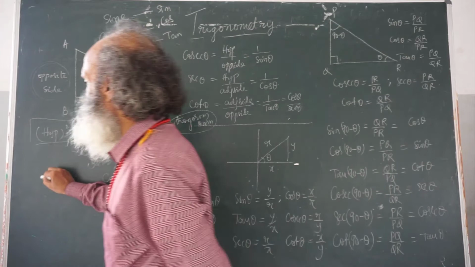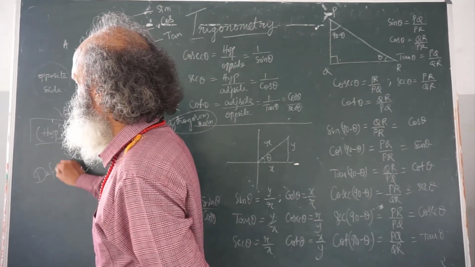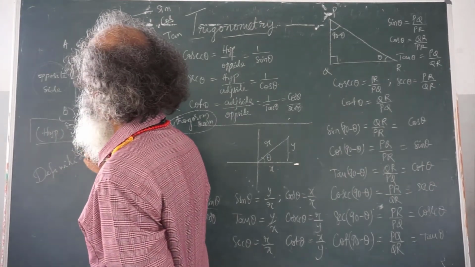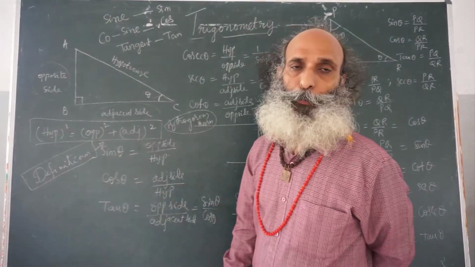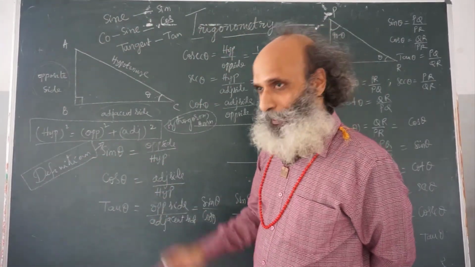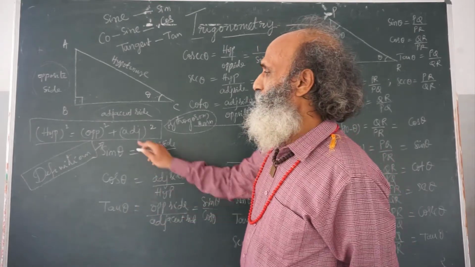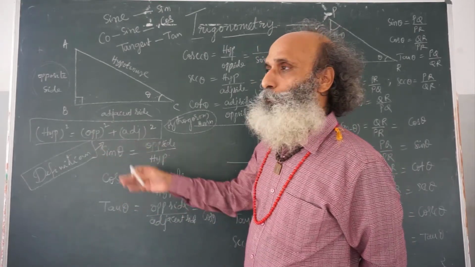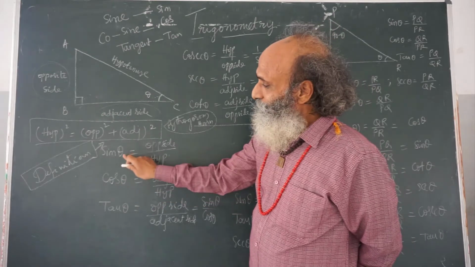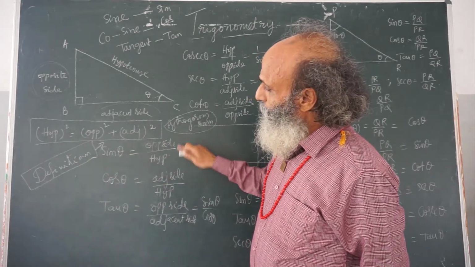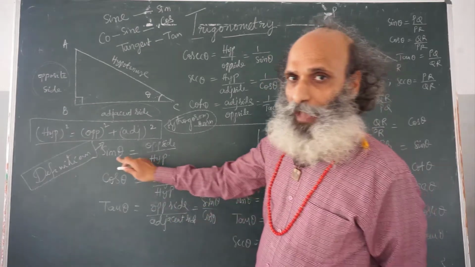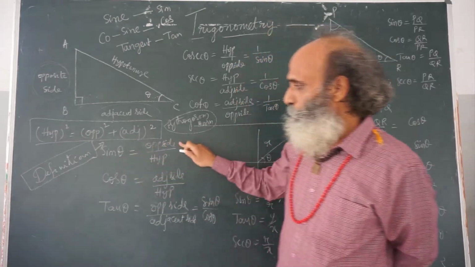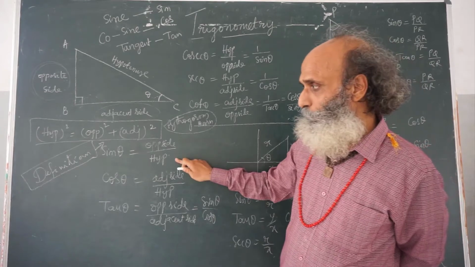Now let us come to the definitions. These are the definitions of trigonometric ratios. These are ratios because the ratio of the lengths of sides are taken into consideration. Sin theta, opposite side by hypotenuse.